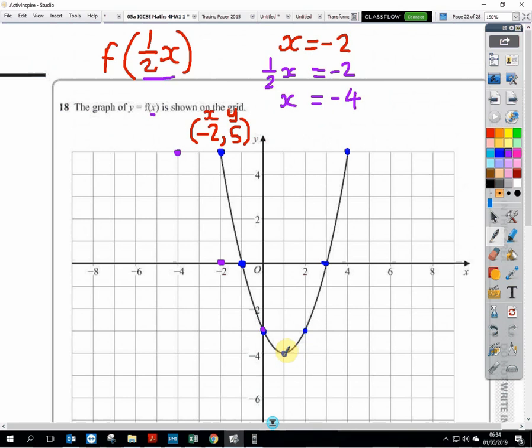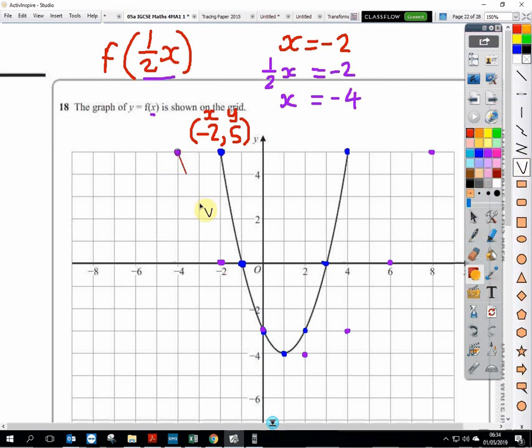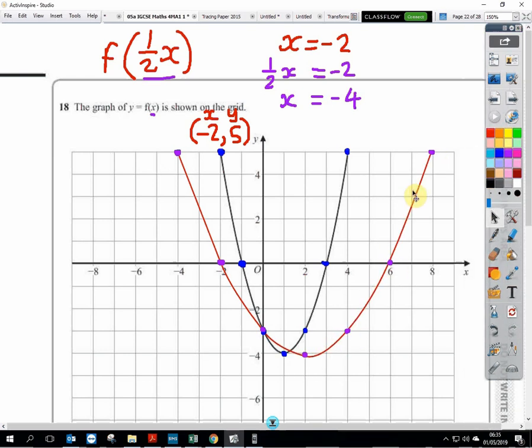So this next one is 1, so it changes to 2. The next one is 2, so it changes to 4. Next one is 3, so it changes to 6. And this one is 4, so it changes to 8. Okay, nice points. Join them up. There you go.